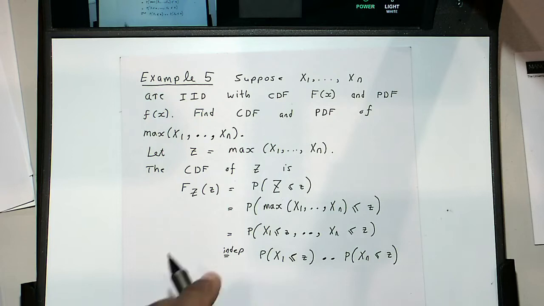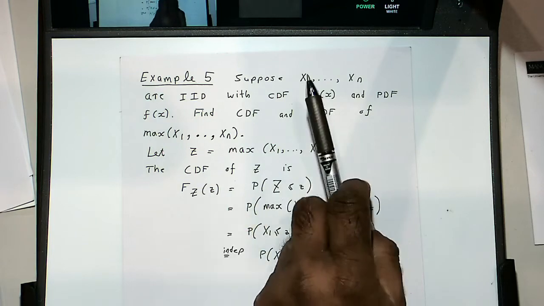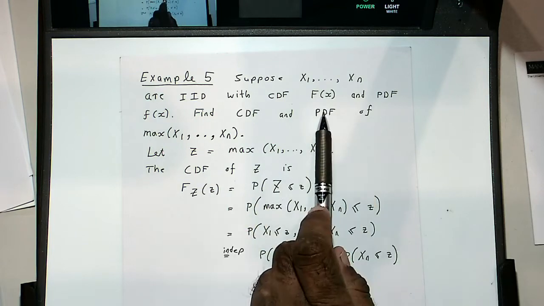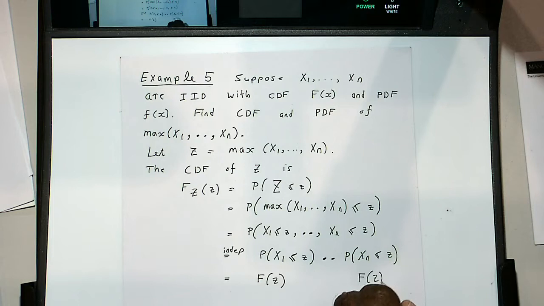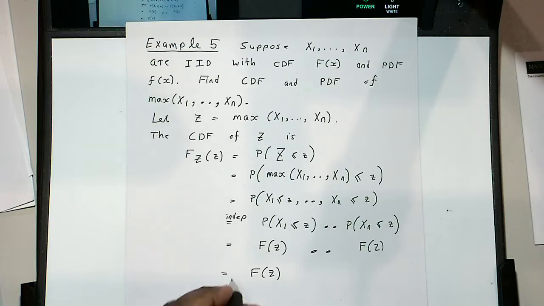We are assuming that all these random variables have the common CDF equal to capital F. So you have capital F of z here and capital F of z here, so you get capital F of z to the power n. This is the CDF of Z.